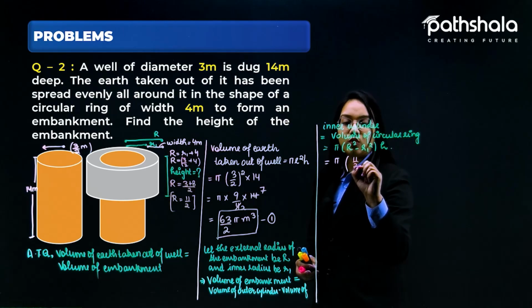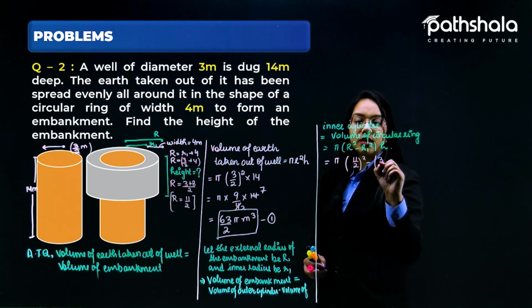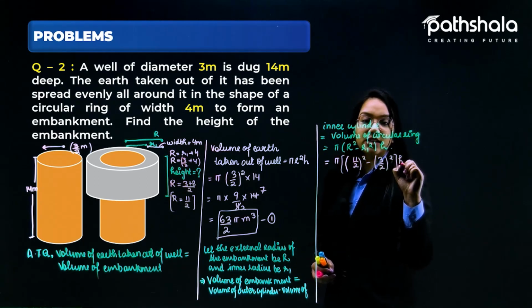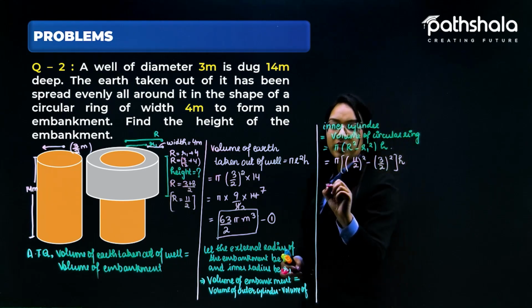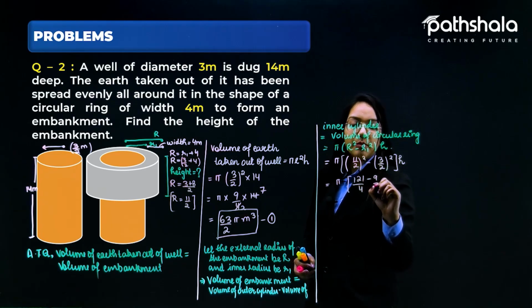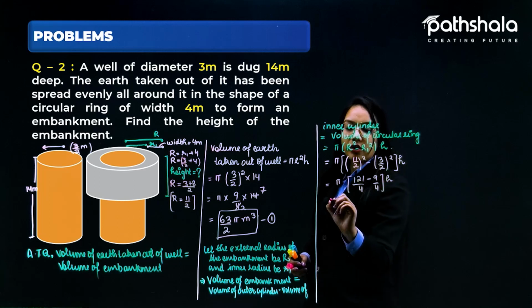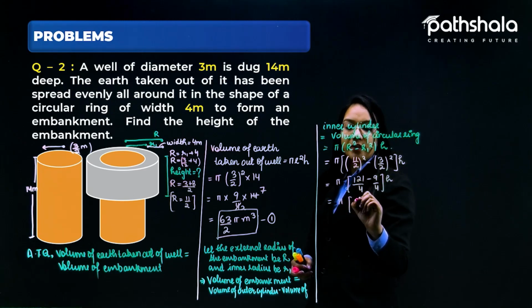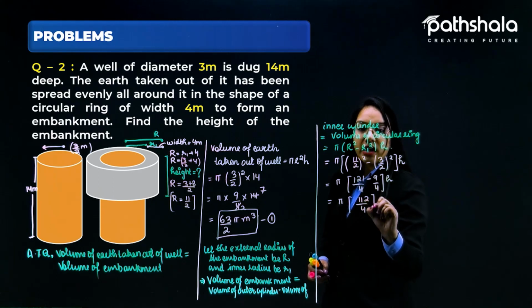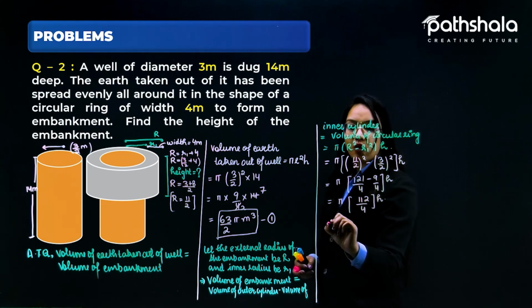This is 11 by 2 whole square minus R1, which is 3 by 2 whole square, and let's just keep h as it is. So we have pi, this is 121 by 4 minus 9 by 4 into h, and further we have pi times 121 minus 9 divided by 4, this is 112 by 4 into h.